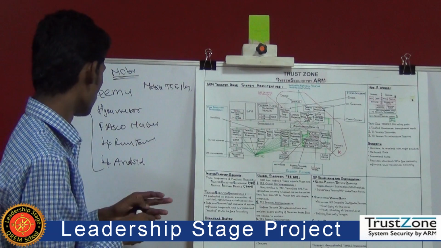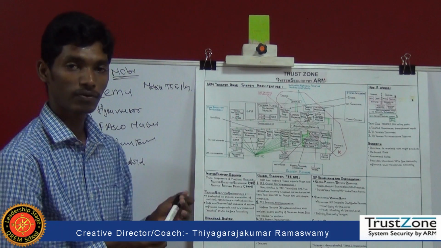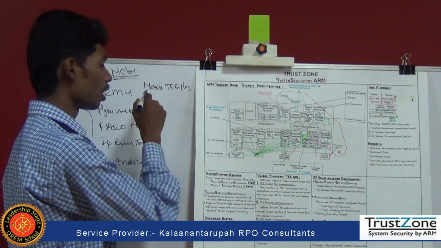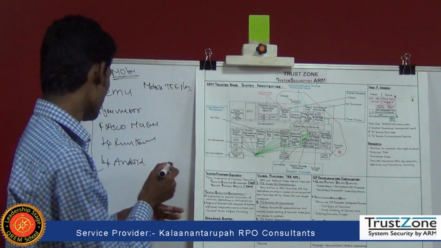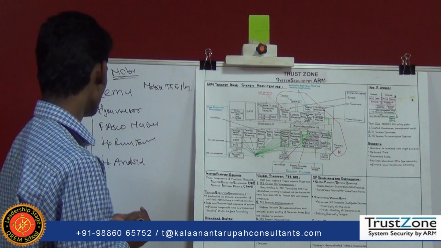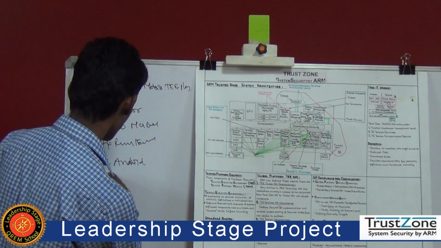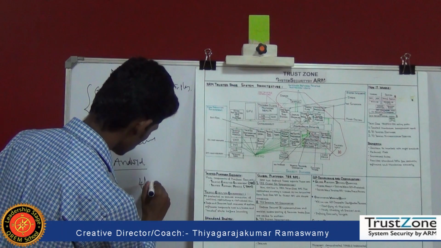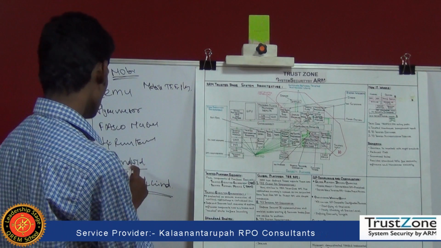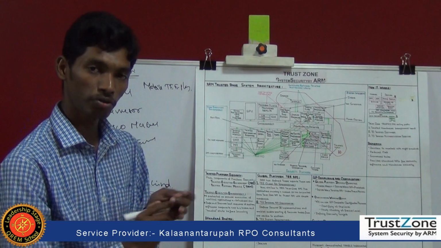Next one is the L4 runtime environment, which is developed by L4 Linux, combined with Android. By the use of this ARM Trustzone, we are creating this L4 runtime environment so that security can be enhanced. Next one is L4 Android, with L4 derived from L4 Linux.